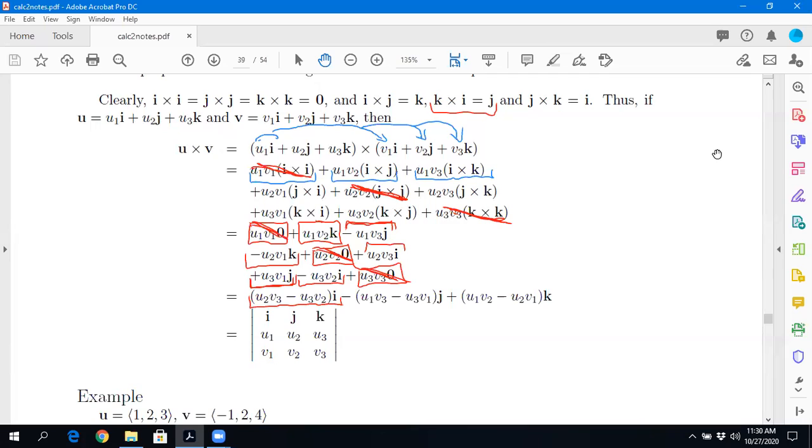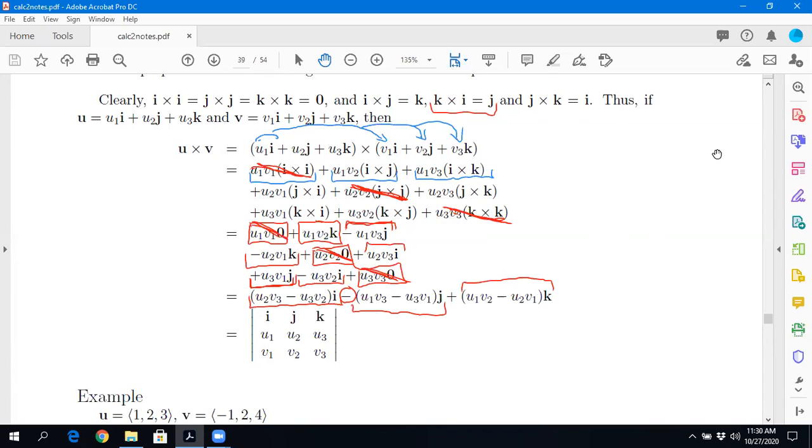I've factored out a minus sign here, and you'll see why in a minute. You factor out that minus sign, you get exactly what's written here. That's the second term. And then the third term, you collect the stuff with K attached, and it's u1 v2 minus u2 v1, which is exactly what we have written right here.